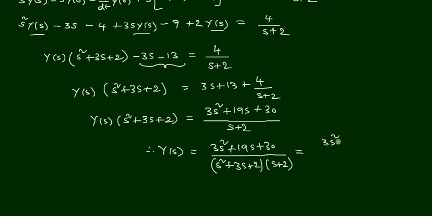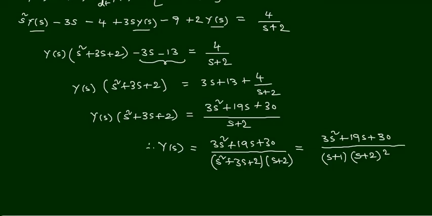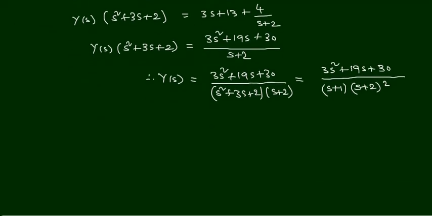So the numerator is 3s square plus 19s plus 30, and the denominator becomes s plus 1 into s plus 2, and again s plus 2 is there, so we can write s plus 2 whole square. So this is Y of s. Now we use partial fraction expansion to find the time response of the system.